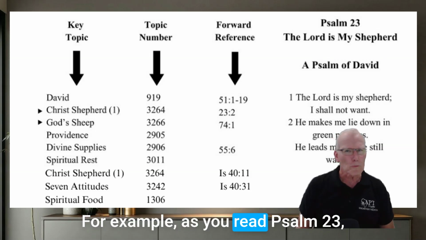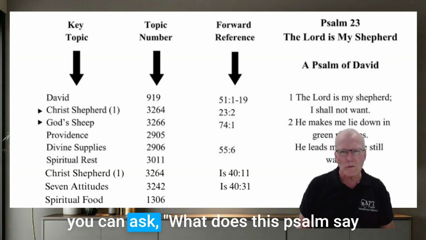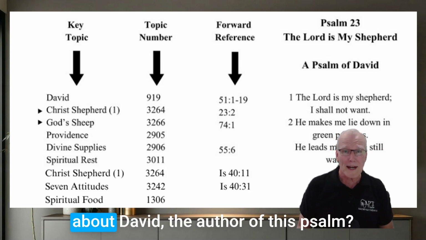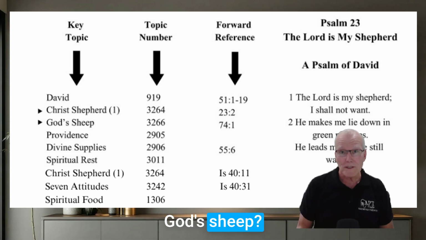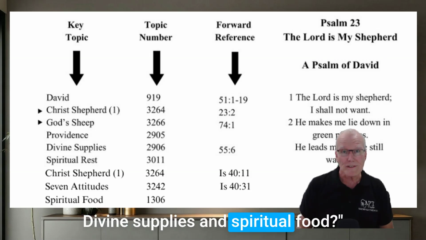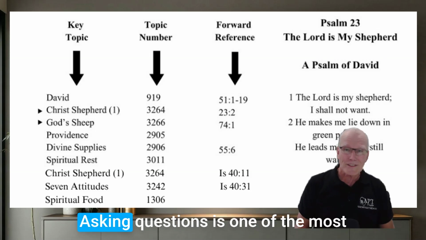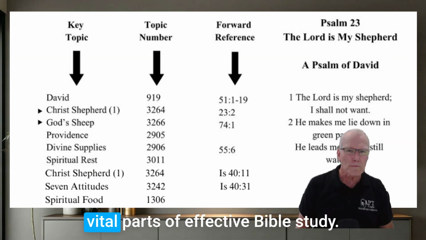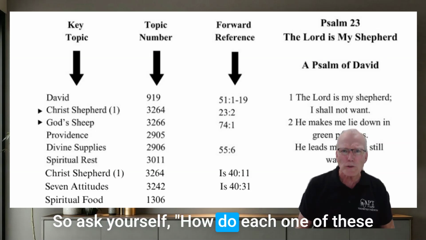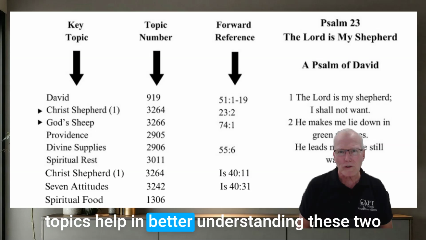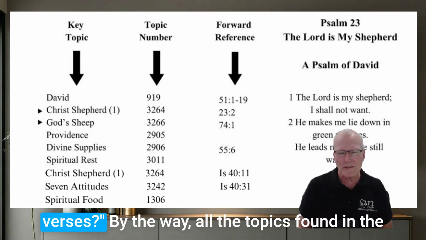For example, as you read Psalm 23, you can ask, what does this psalm say about David, the author of this psalm? God's sheep, Christ as shepherd, God's providence, divine supplies, and spiritual food. Asking questions is one of the most vital parts of effective Bible study. So ask yourself, how do each one of these topics help in better understanding these two verses?